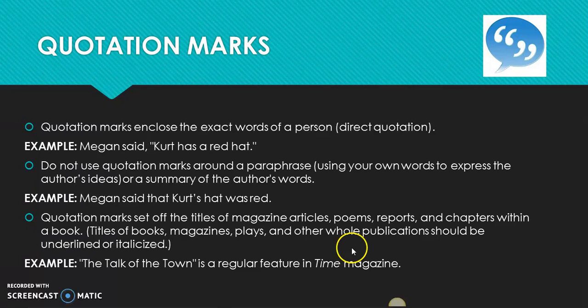As you can appreciate here, Time is italicized since it is the name of the magazine. But what we're having in quotes here is the particular feature which belongs to the referent magazine, which is The Talk of the Town. This is what we want to emphasize.